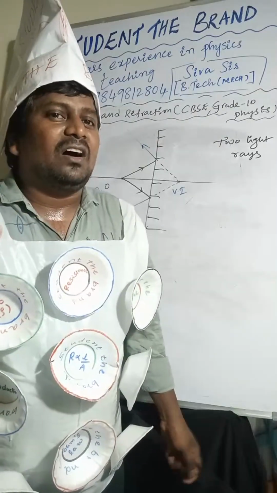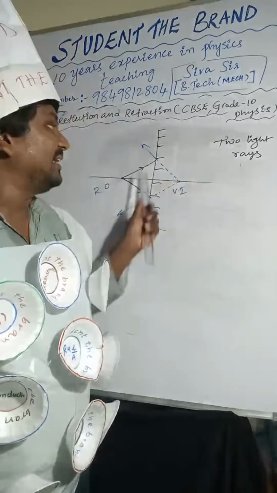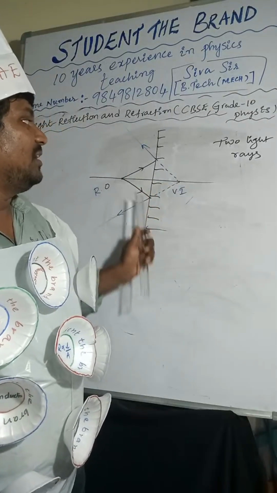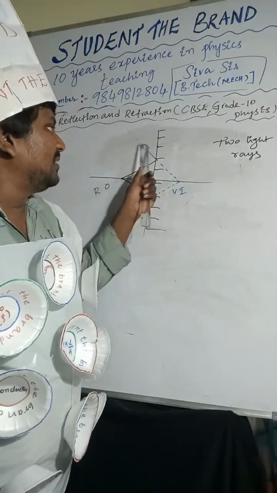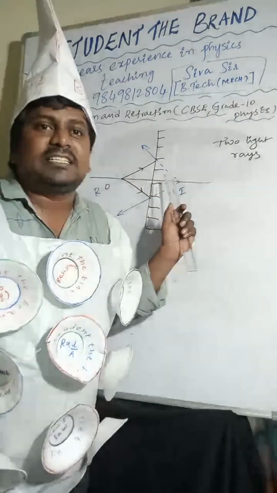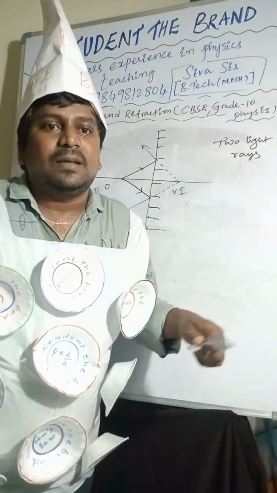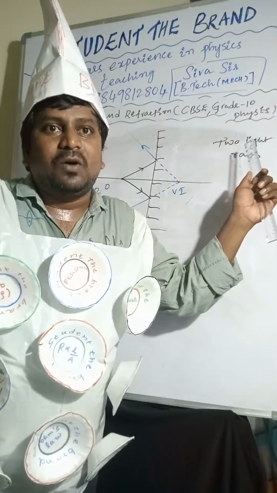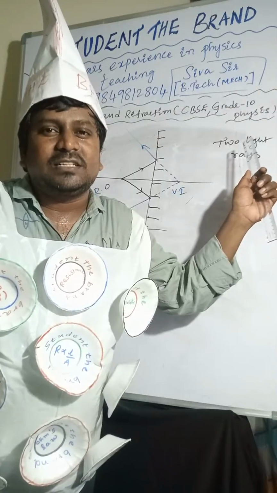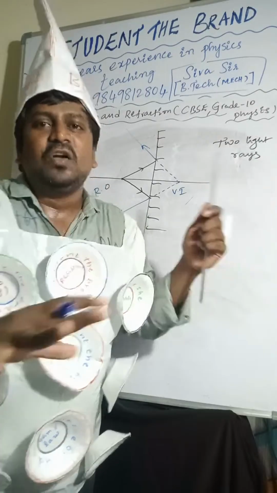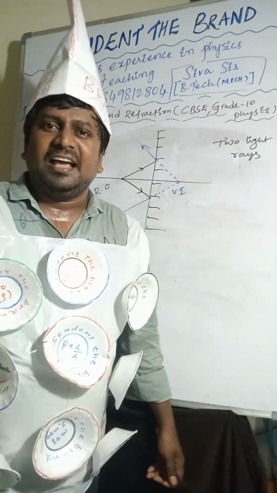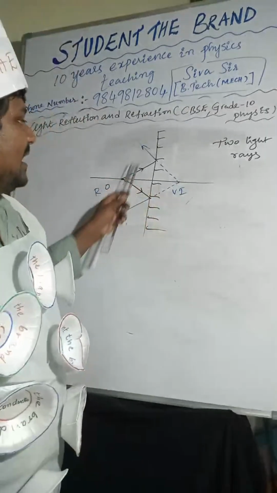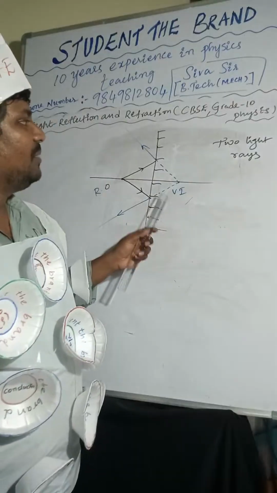The point of intersection of extended reflected light rays is called a virtual image. What is a virtual image? The point of intersection of extended reflected light rays is called a virtual image.